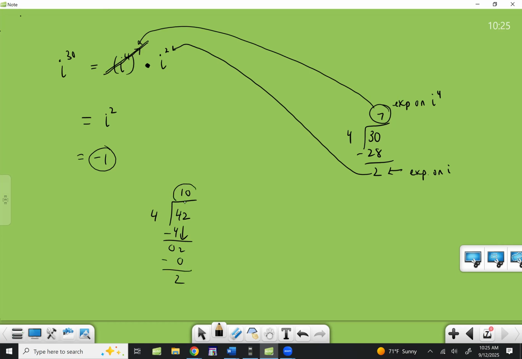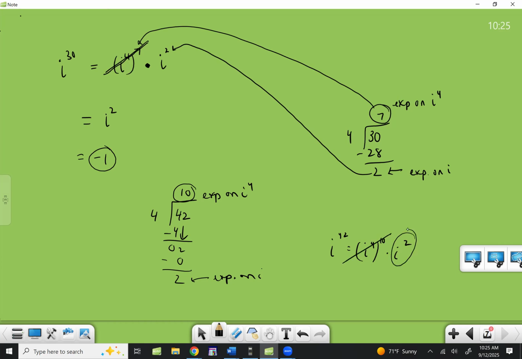So this is going to be my exponent on i to the 4th, and this is going to be my exponent on i. So it should look like this. i to the 42nd power is the same as i to the 4th to the 10th. There's our i to the 40th. But we still have 2 leftovers, right? So there's our 42. And you'll always just cross this off.